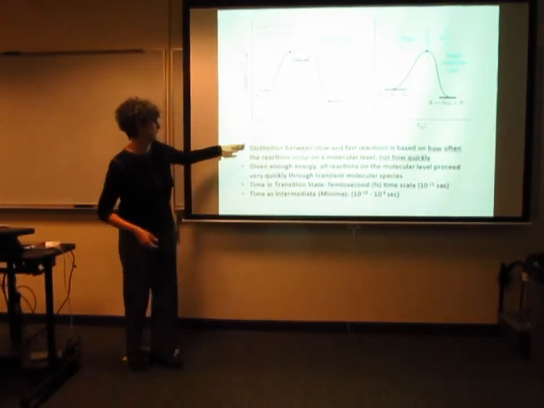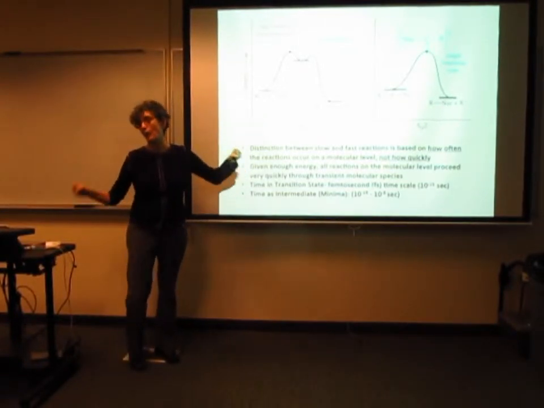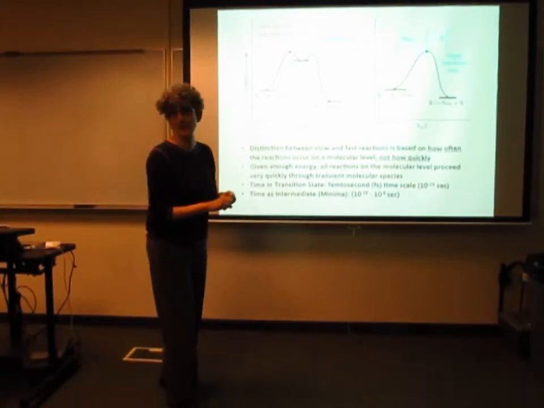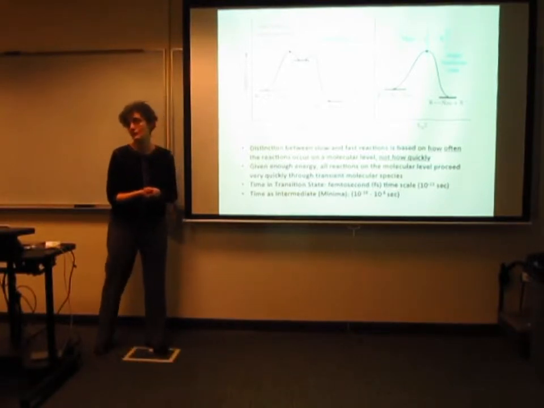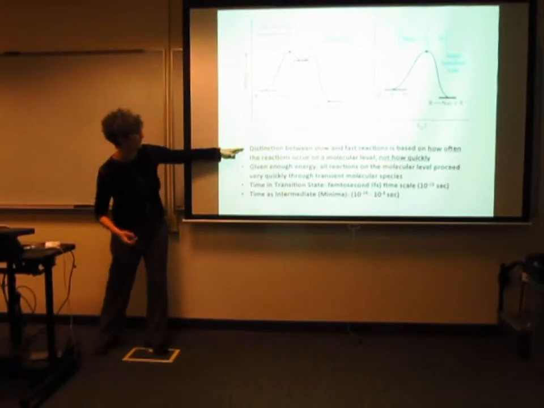But actually, the rates of reactions in the end are based more on how often a reaction occurs on a molecular scale, not how quickly it occurs on a molecular scale, because all reactions on the molecular scale are actually really, really fast once you have enough energy in there to make them go.